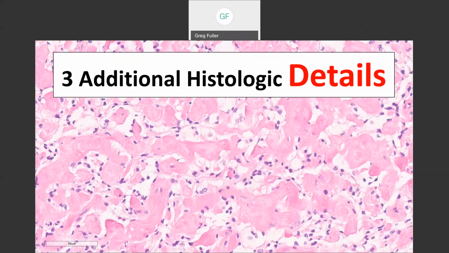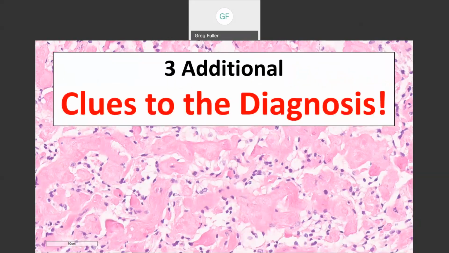It's important, and I will put that in my comment, which is essentially the MD Anderson equivalent of a microscopic, because it could be important. All right, let me show you. Let's look at the 3 details. Rather than calling them details or minutia or incidental, I would like for you to think about it as essentially 3 additional clues to the diagnosis.